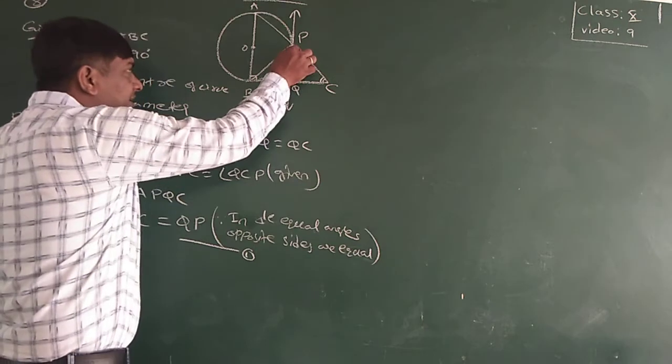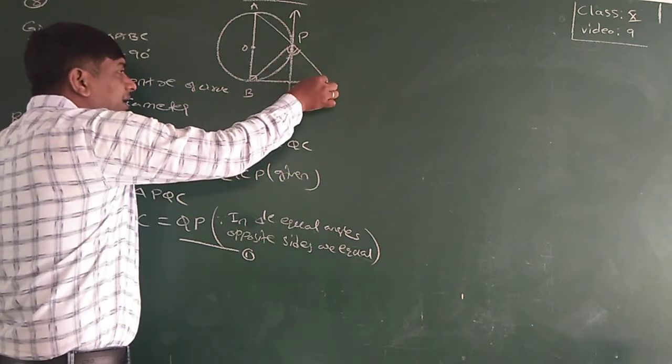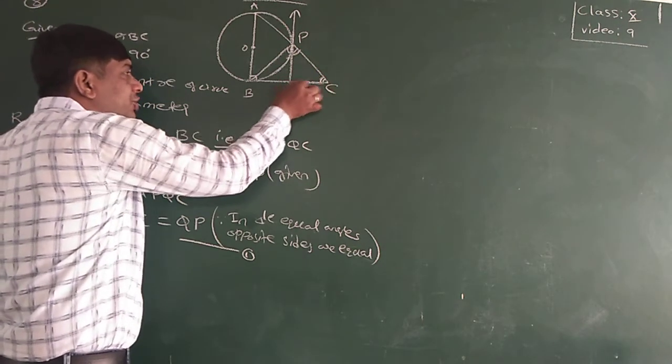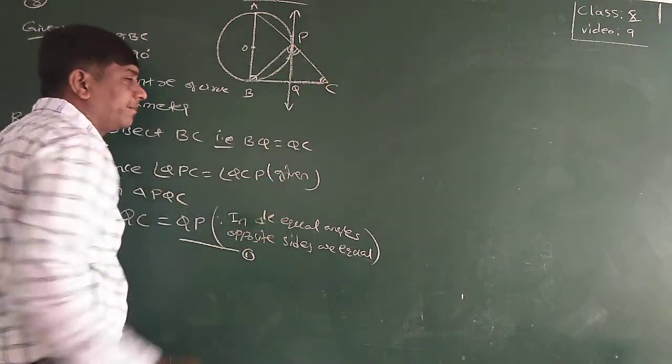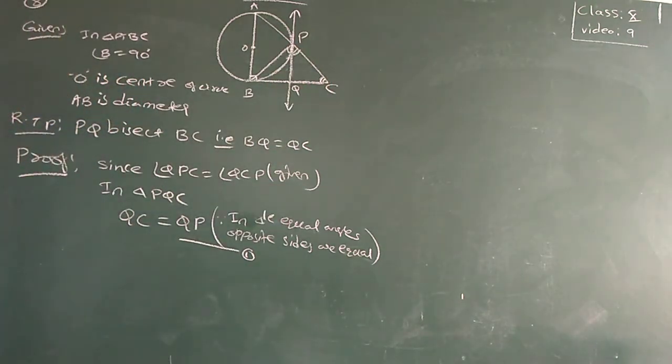How? Since angle P and angle C are equal, P's opposite side is QC and C's opposite side is QP.